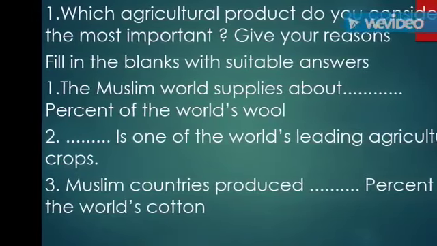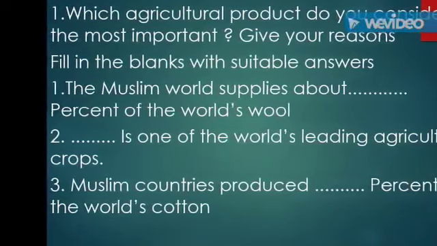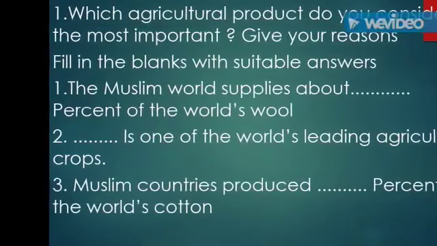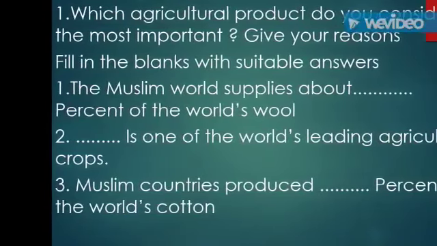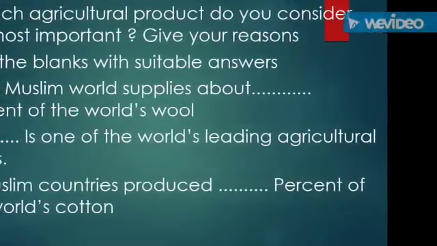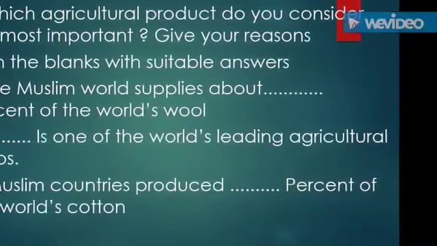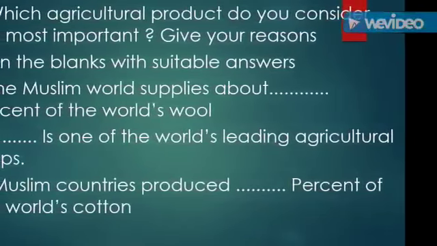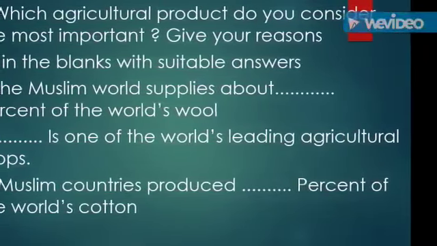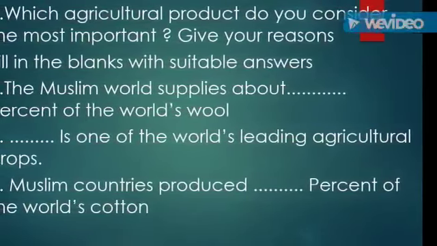Now here is question number 2. Fill in the blanks with suitable answers. First is, the Muslim world supplies about dash percent of the world's wool. Second is, dash is one of the world's leading agricultural crops.